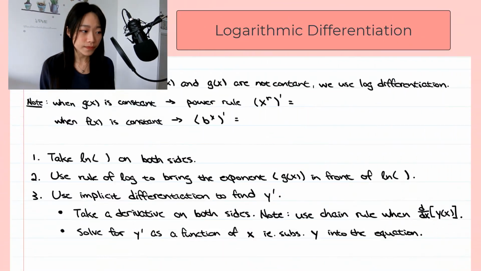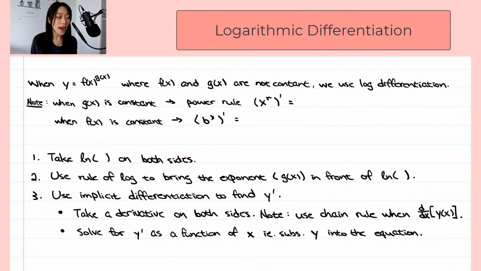First, let's see when you will need to use log differentiation. When you have y equals a function of x to the power of another function of x, so the form y equals f of x to the power of g of x, where f of x and g of x are not constant, then we'll use log differentiation.